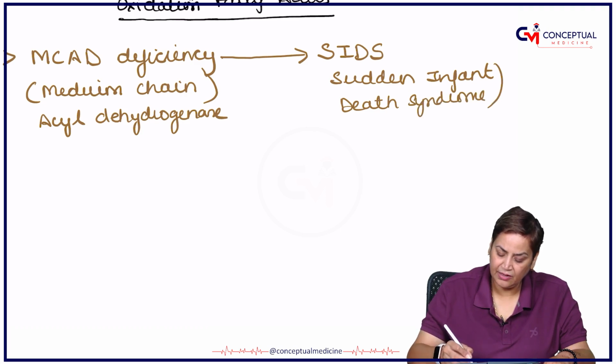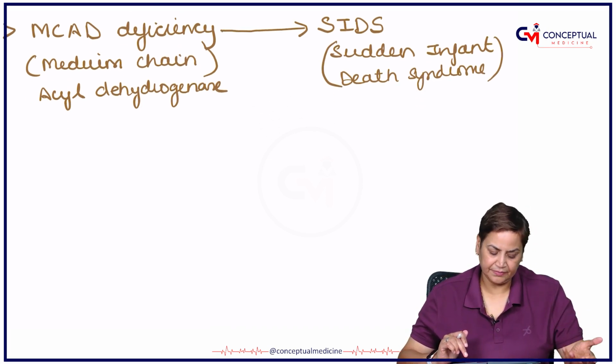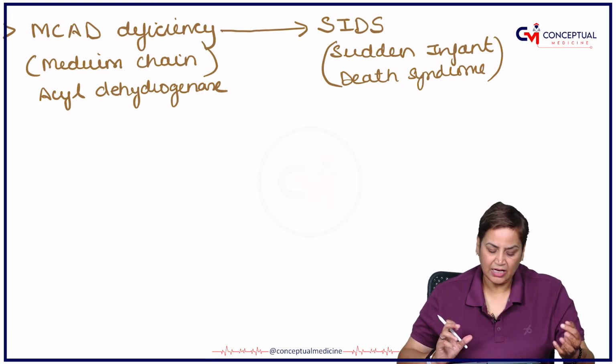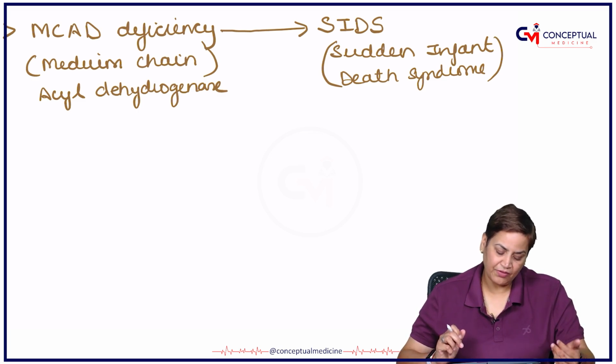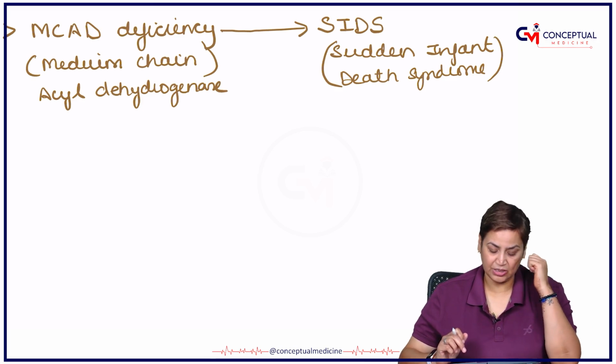Basically, we know that beta oxidation of fatty acids requires different types of dehydrogenases. Now what will happen if a child is born with a deficiency of the enzyme which is catalyzing beta oxidation? What will be the repercussions of this?